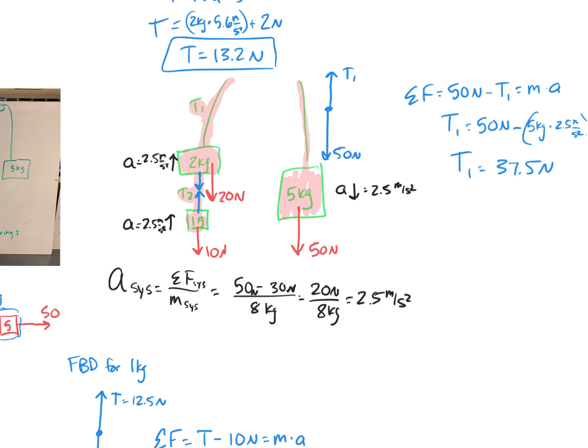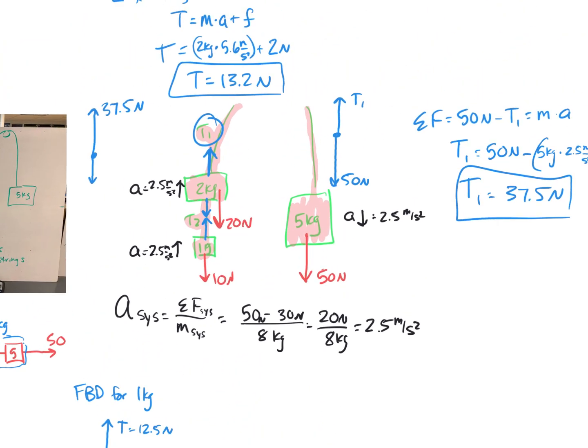So I'm going to look at the 2 kilogram block. If I just solved that T1 is 37.5, then that means there has to be that same amount of tension 1 of 37.5 pulling up on that. So real quick, off to the side, I got 37.5 newtons of upward tension. I had a tension 2 that was downward of, what did we say, 12.5 newtons.